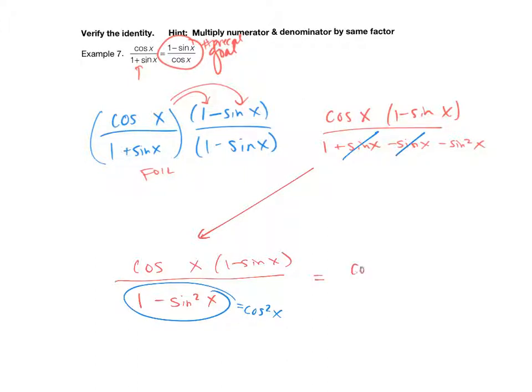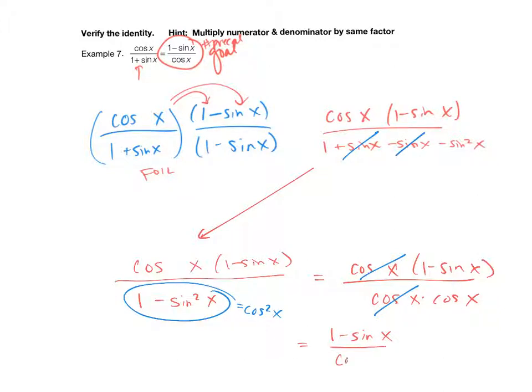I have cosine x, 1 minus sine x, all over cosine x times cosine x. In which case, that cancels, and I am left with 1 minus sine of x in the top and cosine x in the bottom, which does indeed match my pre-cal goal, so I am done verifying this identity.